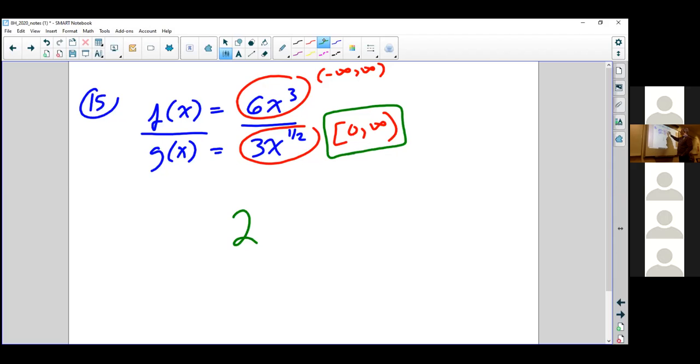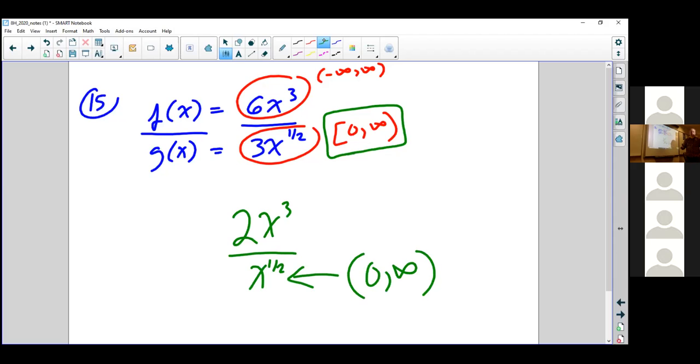So now this problem as it sits like this, and I'm not going to be done with the problem yet, because I have this here, this means my domain has to be round bracket 0 to infinity. And the reason it's a round bracket is, yes, I can have the square root of 0, but the square root of 0 is 0. If I have 0 in the denominator, that's a big no-no. So my answer is going to have this as a domain.